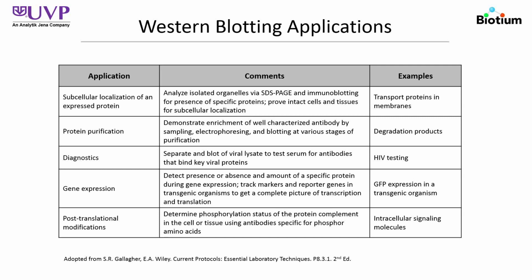A good example of that is HIV testing. And I mentioned gene expression earlier, but across the full range of tracking, the question is not always whether a gene is turned on or off, but does it actually produce a protein? And so antibodies can tell you the amount of protein produced and whether it's being degraded quickly in the cell.